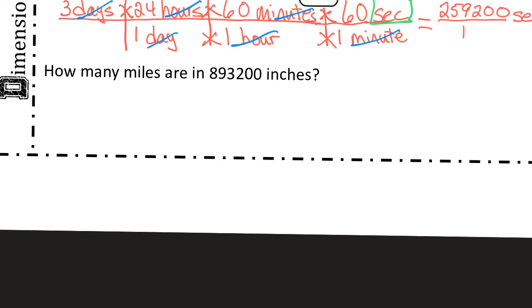So the next question is, how many miles are there in 893,200 inches? So we're going to need a number of different conversion factors for this. The conversion factors we're going to use: we're going to need to know that there are 12 inches per foot, 1 foot.